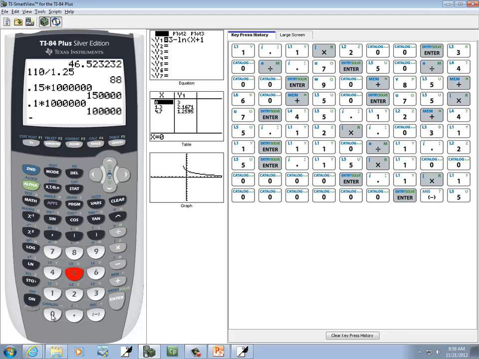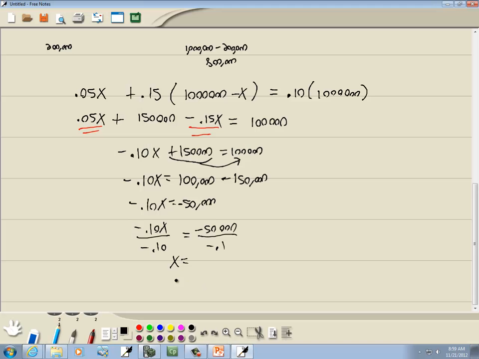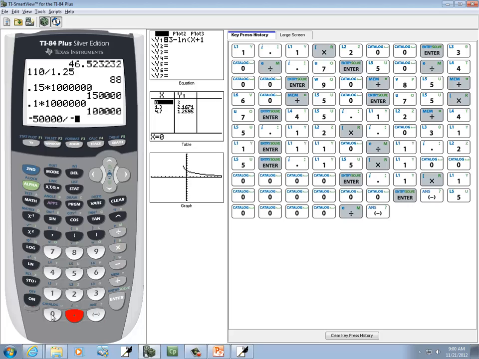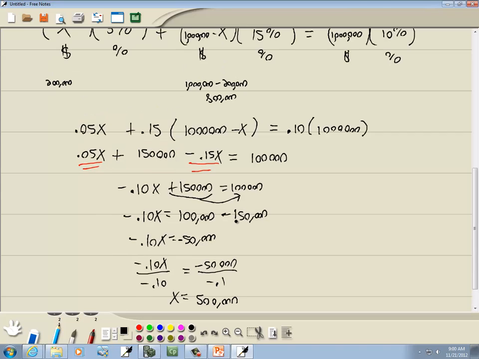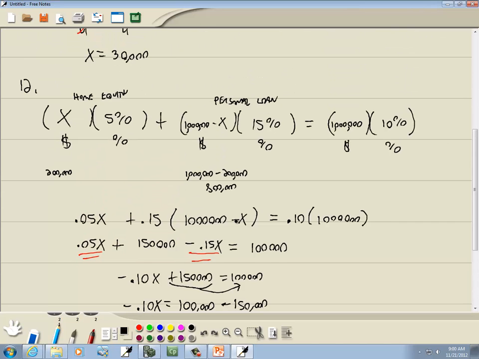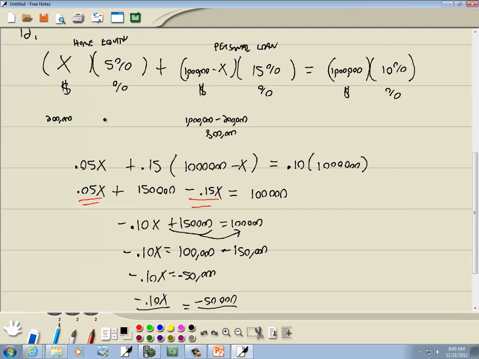Negative 50,000 divided by negative 0.1. That gives us 500,000. Now, assuming I didn't mess up on my basic math, that'd be how much we want to put in our home equity loan.